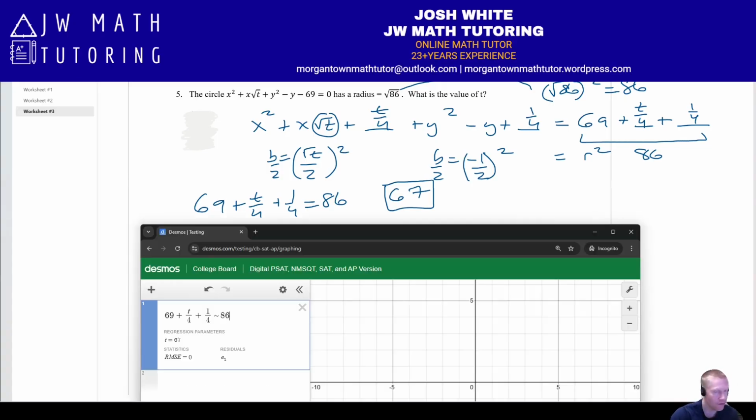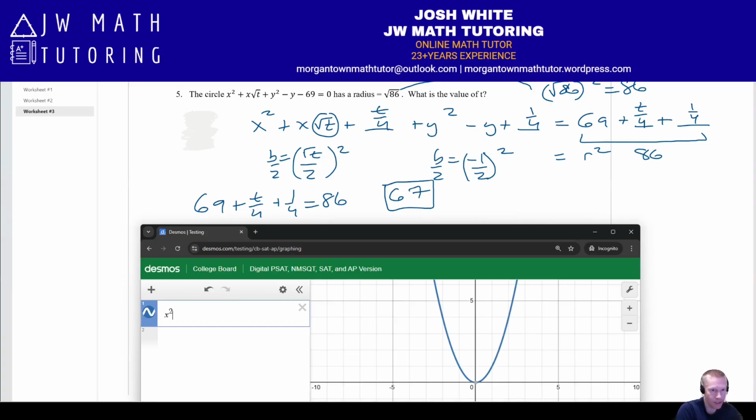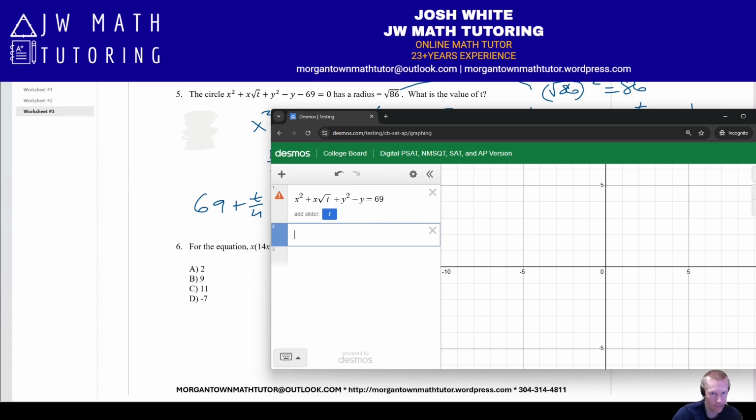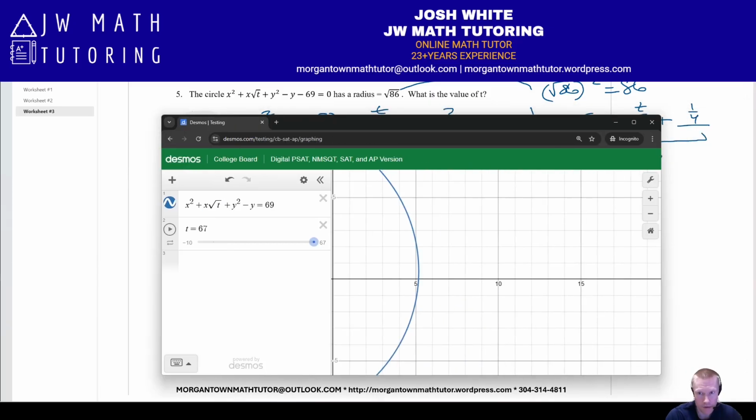So if this was multiple choice, all you would have to do is you would take the equation and type it in. I'll add the slider for t in a second. I'm going to move the 69 over to the right. Okay, now I'm going to add a slider for t. Let me move this over, zoom out.